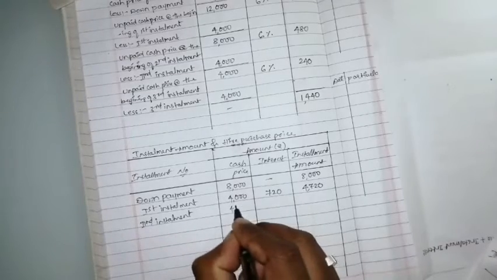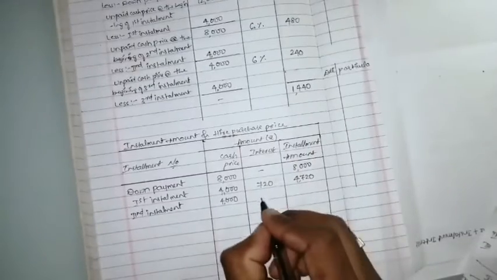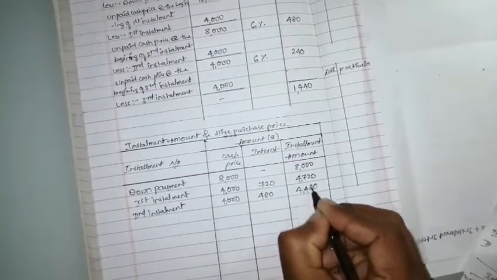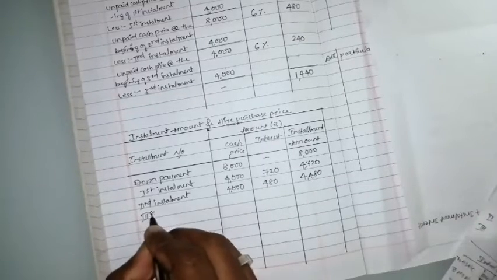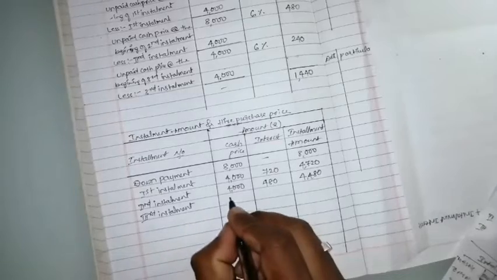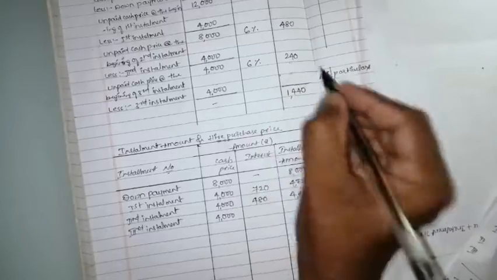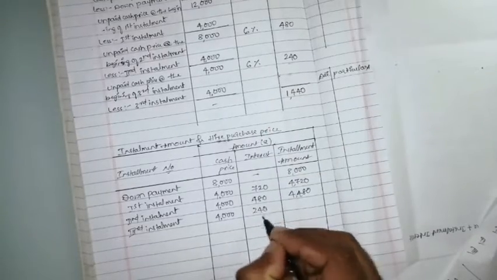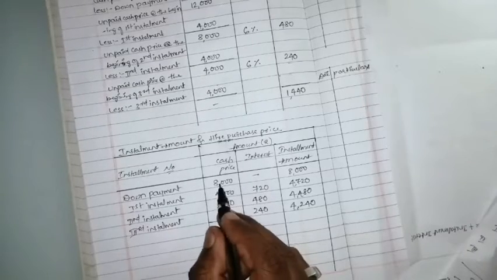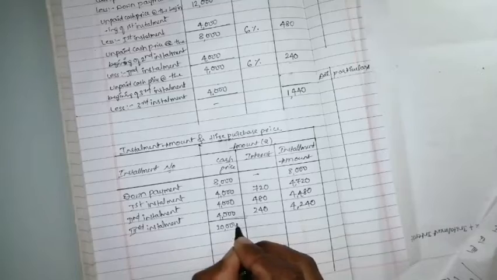Next, second installment. So 4000, interest amount 480, leads to 4480. Next, third installment. Every installment is 4000, right? So interest is 240, giving 4240. In total 8000 and then 12000, total 20000.